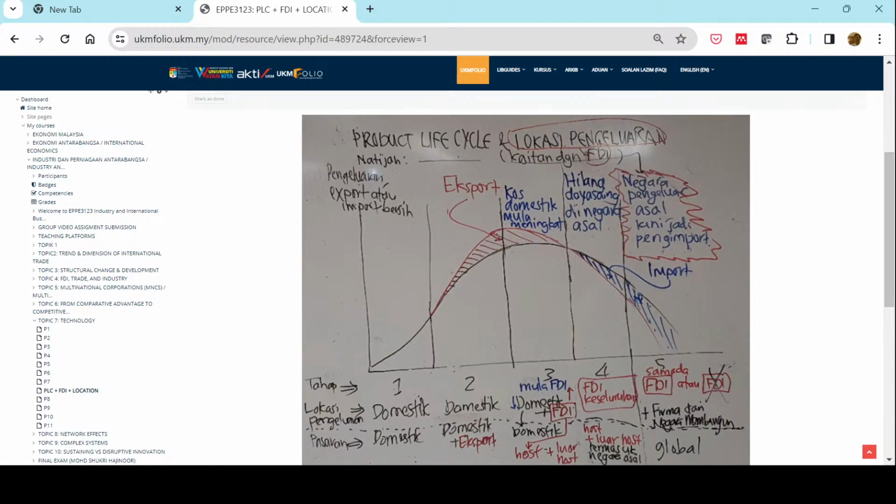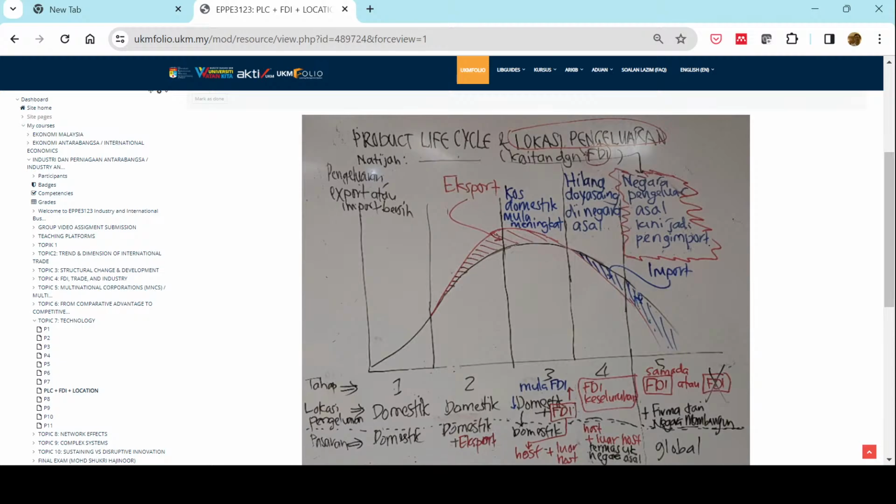In terms of location of production, no more in the home country. Stop producing the product in the home country because it's no longer competitive. The cost is so high in the country, so completely outside.